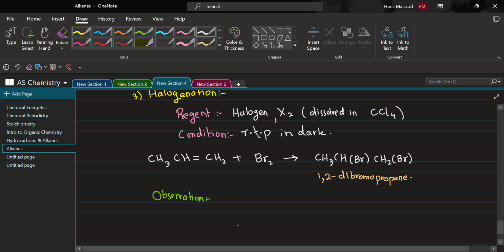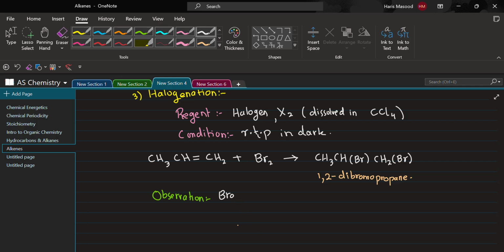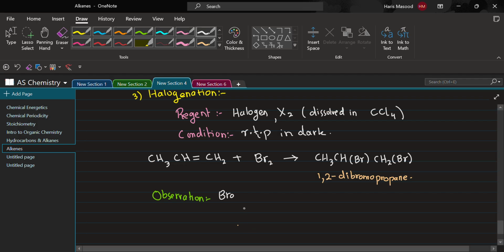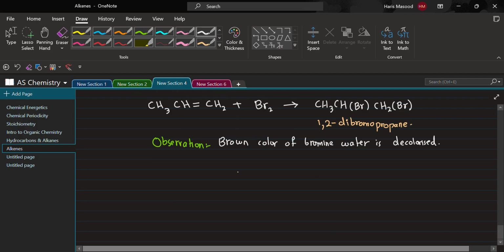So if you're bonding the bromine with an organic alkene, bromine water is of orange color basically, or you can say brown color. So the brown color of bromine water is decolorized. That is basically the reaction.